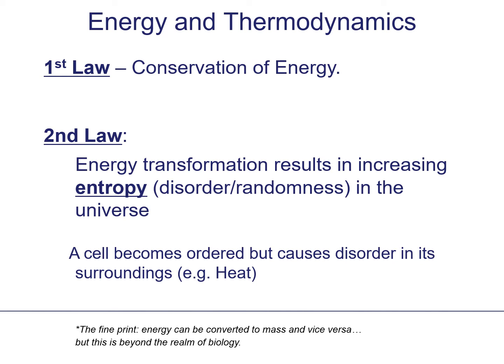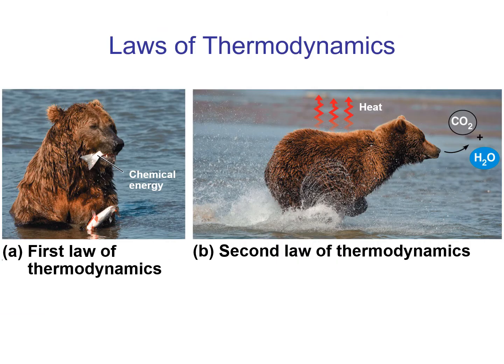Likewise, if you take something that's massive and you speed it up to near the speed of light, you can convert mass into energy. But we're not getting into any of that, of course, because that does not apply to chemistry and biology.